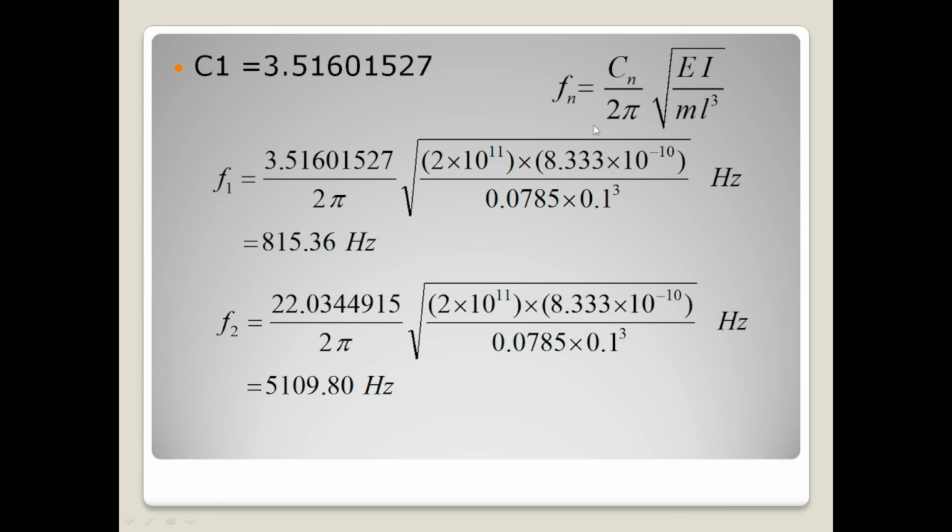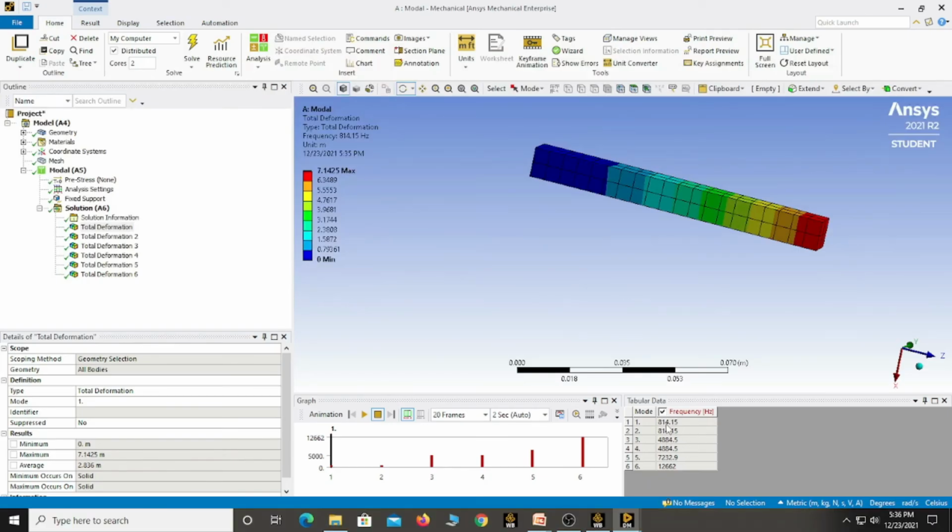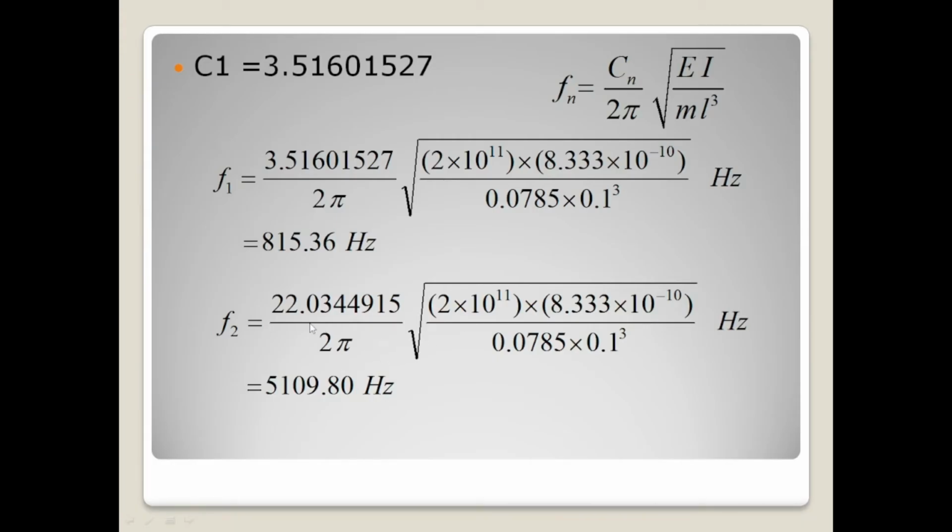For the first frequency, you have to put the first value 3.51601527. By substituting all the values you get 815.36 Hz, while our ANSYS value is 814.16 Hz, so approximately equal. For the second mode, you have to apply the second constant value 22.0344915.